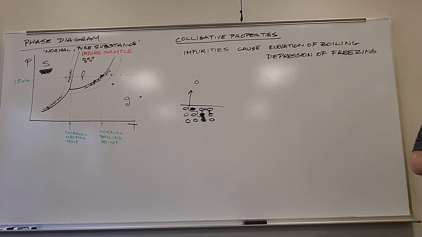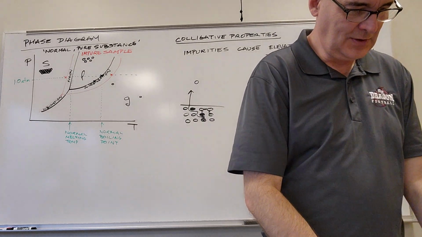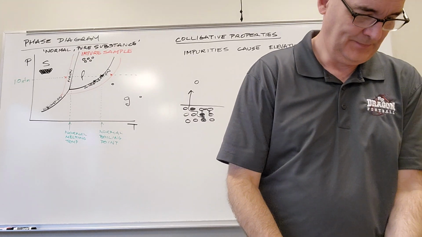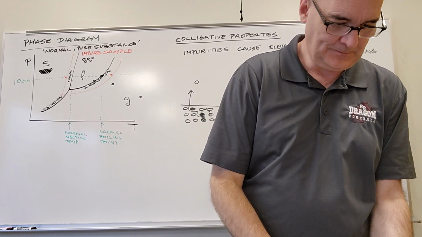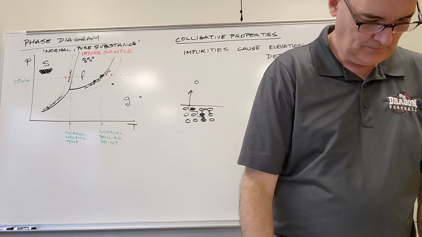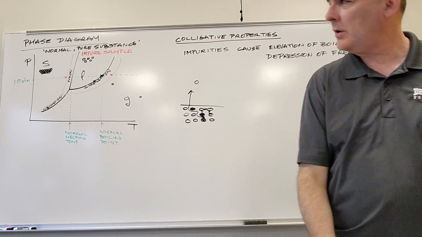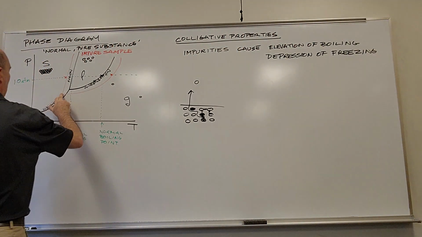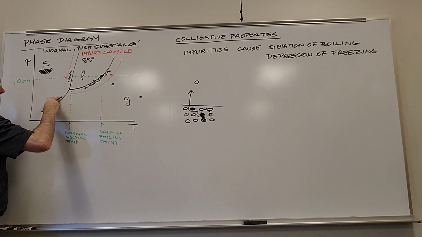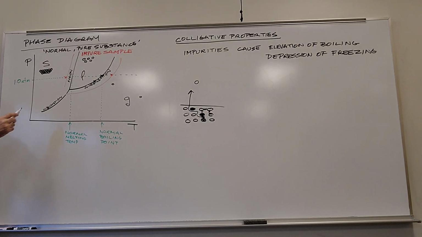Colligative properties, I'll let you catch up. Colligative properties are the exact opposite of intensive properties. I'm not actually 100% sure what happens here. I don't know that sublimation, if it is affected, I don't think it's affected to nearly the same extent.